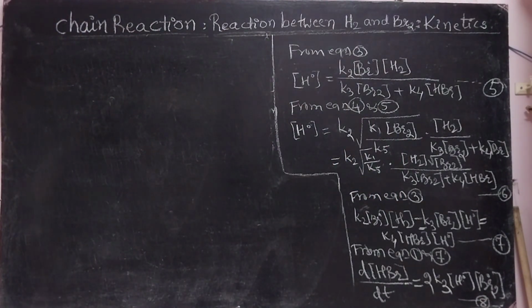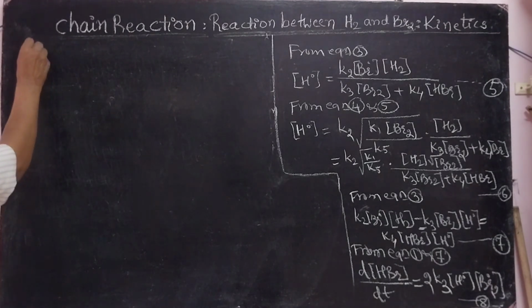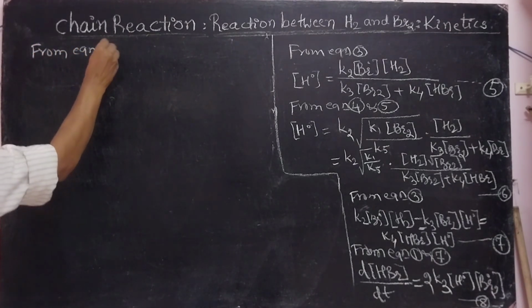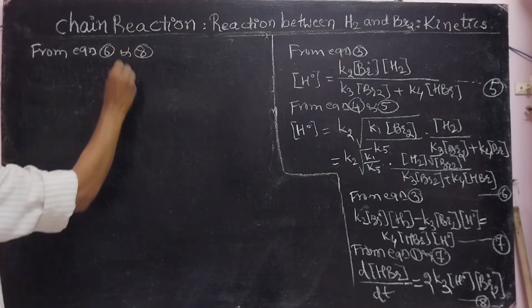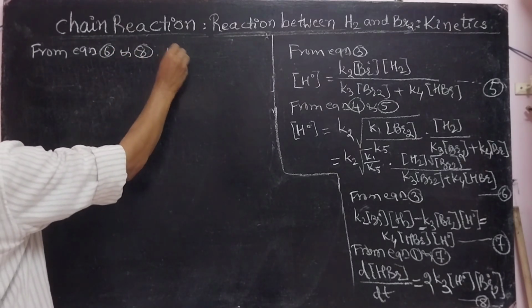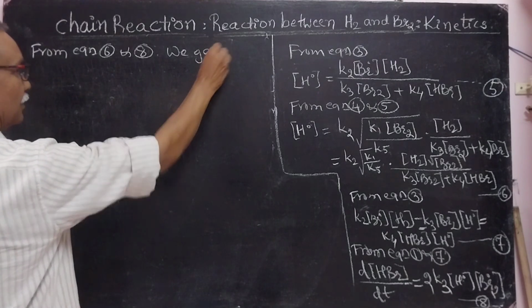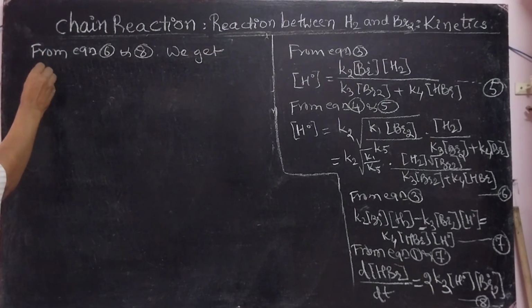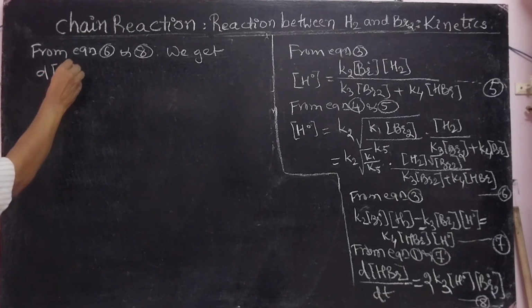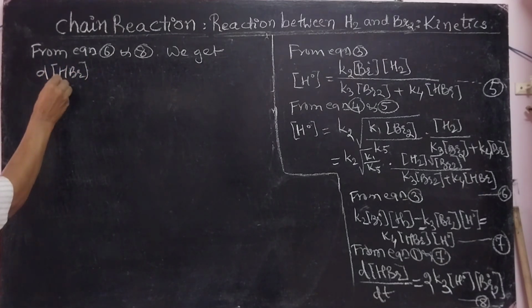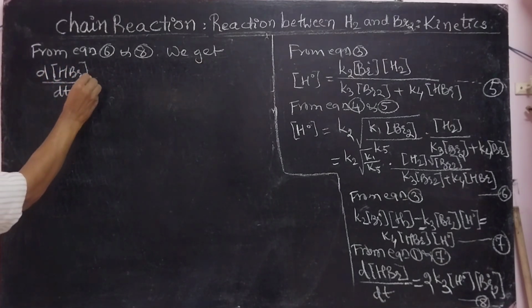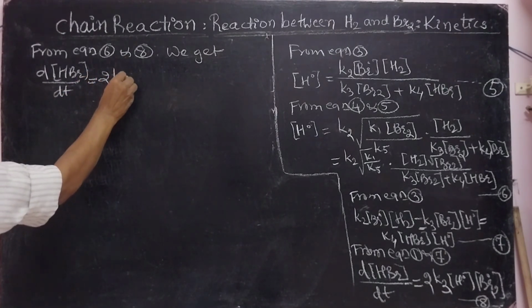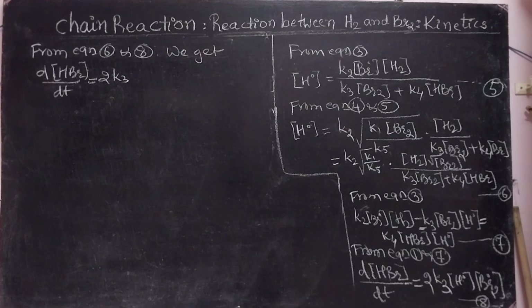Now from equation 6 and 8, we get dHBr divided by dt is equal to 2 K3, written as it is.